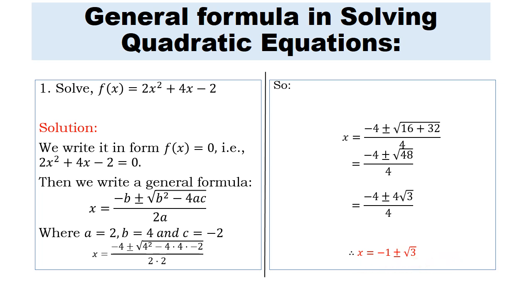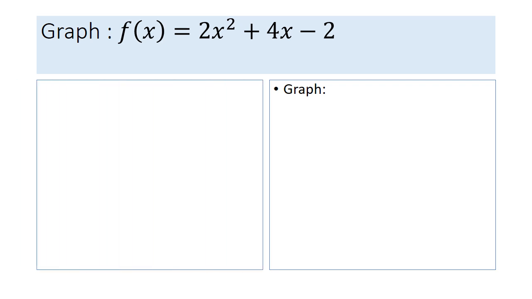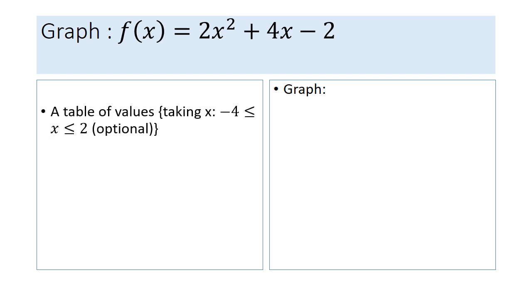So let us see also how we can draw its graph. Yes, we start with the table of values. We have taken the value of x from -4 up to +2.